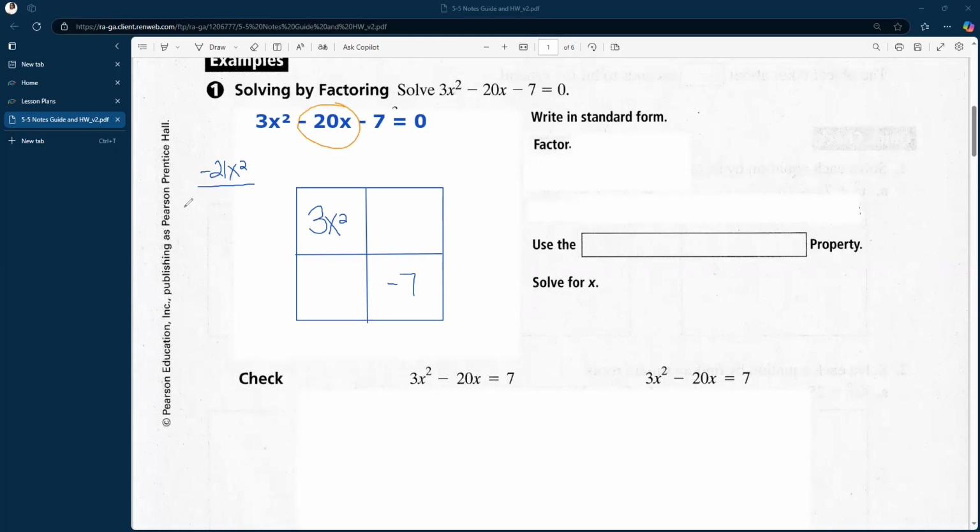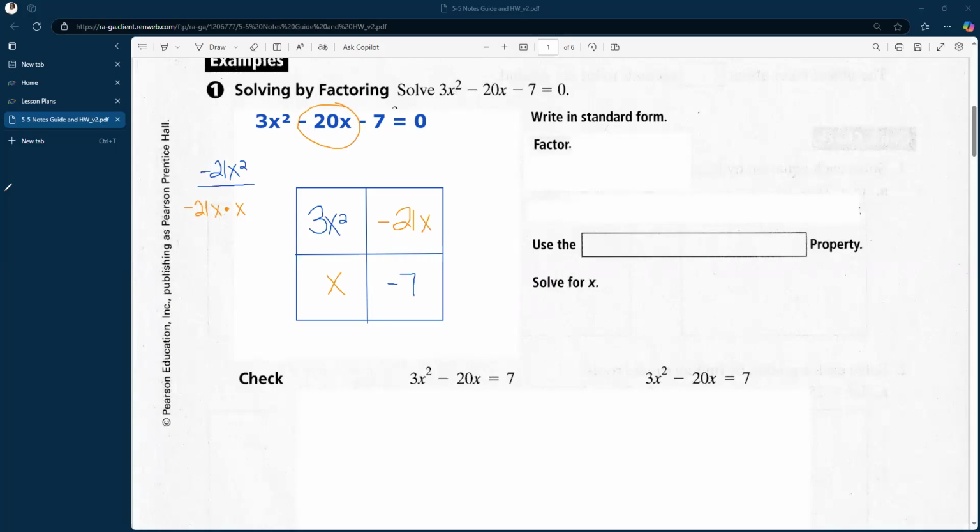Quite quickly, I can see that negative 21x times positive x are my two factors, because negative 21x times x equals negative 21x squared, and negative 21x plus x equals negative 20x. I will write my factors in the remaining boxes, doesn't matter which.